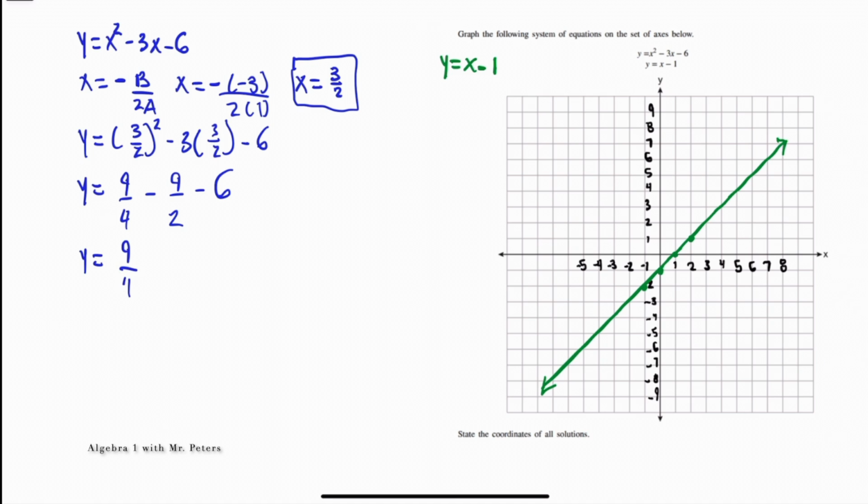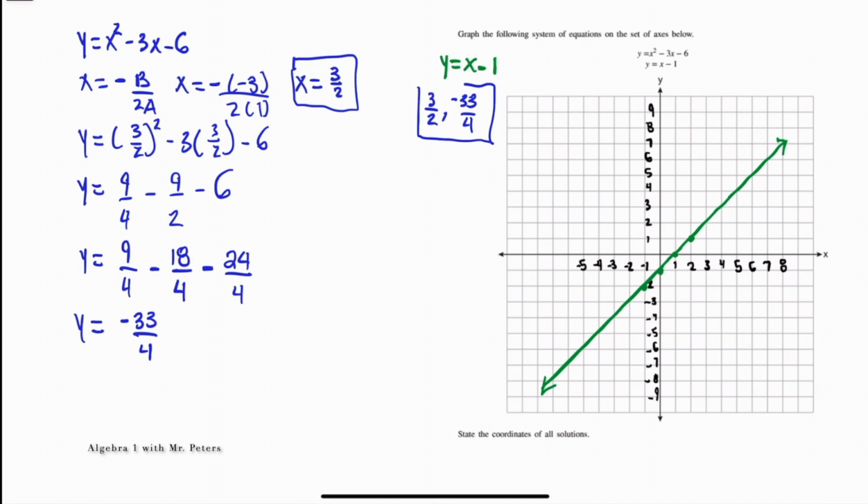So we're going to come up with equivalent fractions that have the same denominator. So 9 over 2 turns into 18 over 4, and -6 is going to now be -24 over 4. When we combine these fractions, we're going to get y is equal to -33 over 4.